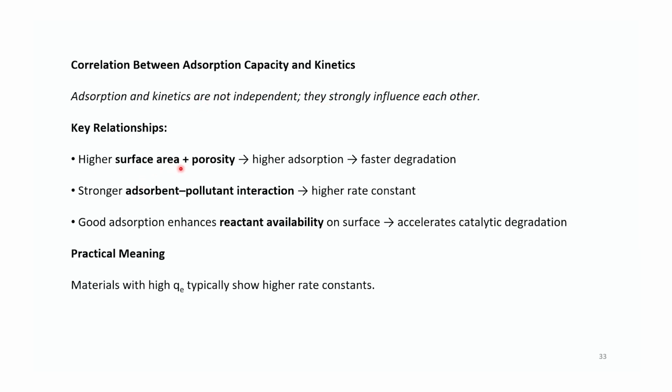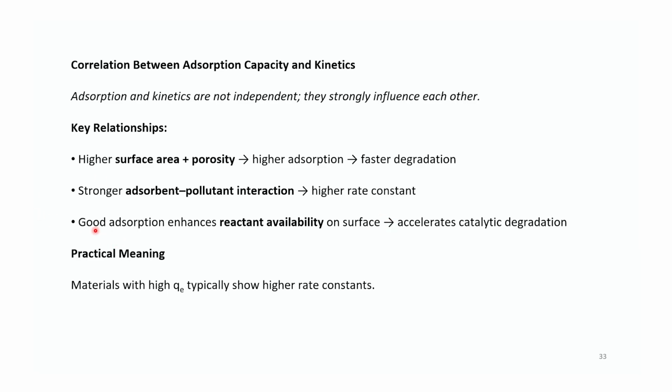So higher surface area and porosity means higher adsorption, which means faster degradation. The stronger the adsorbent and pollutant interaction, the higher will be the rate constant. So a good adsorption will enhance the reactant availability on the surface, which will accelerate catalytic degradation.